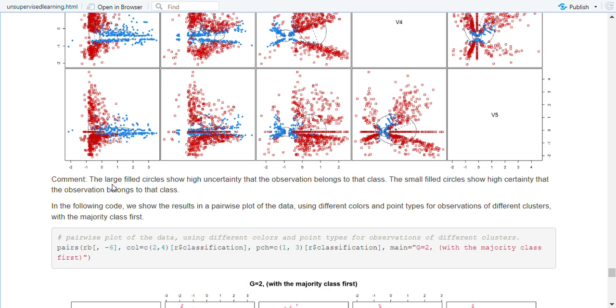In the following code, we show the results in a pairwise plot of the data using different colors and point types for observations of different clusters with the majority class fetched.